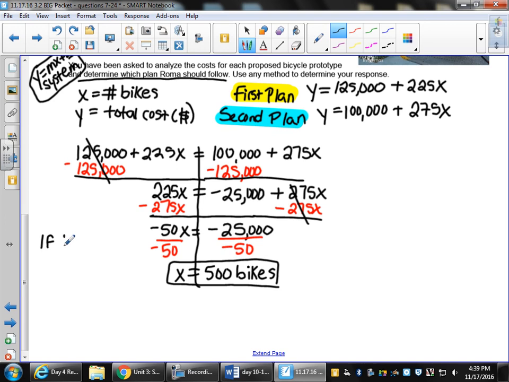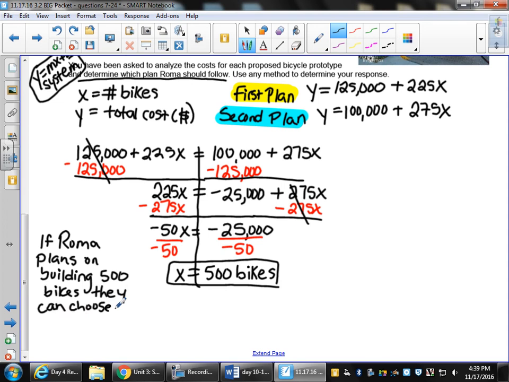So if Roma, let's use the company's name, if Roma plans on building 500 bikes, they can choose either company. It's when the cost would be equal for both.